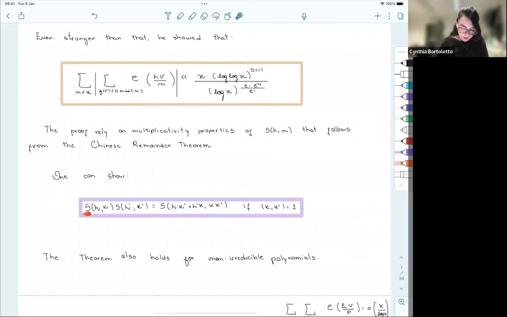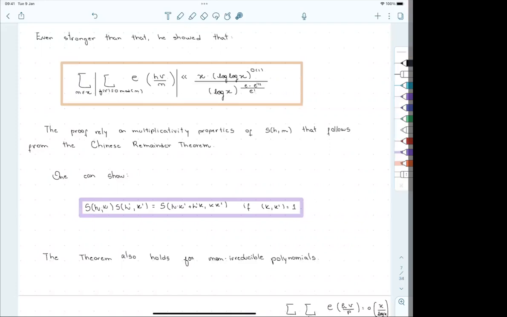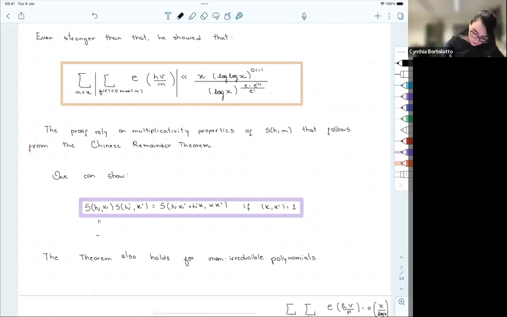So we can prove something like this. We can split when we take two coprime numbers, k and k prime. If we multiply these sums here, S of k, which is the sum of the roots mod k, by the same sum with another k prime here, we have this identity, just using the Chinese remainder theorem.